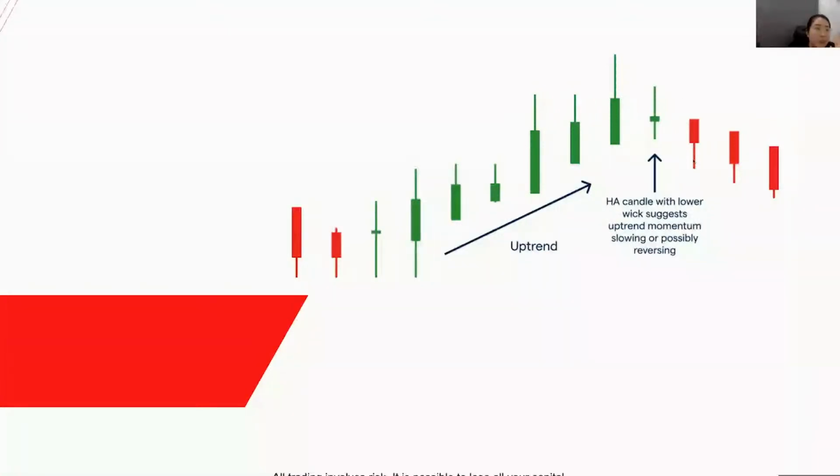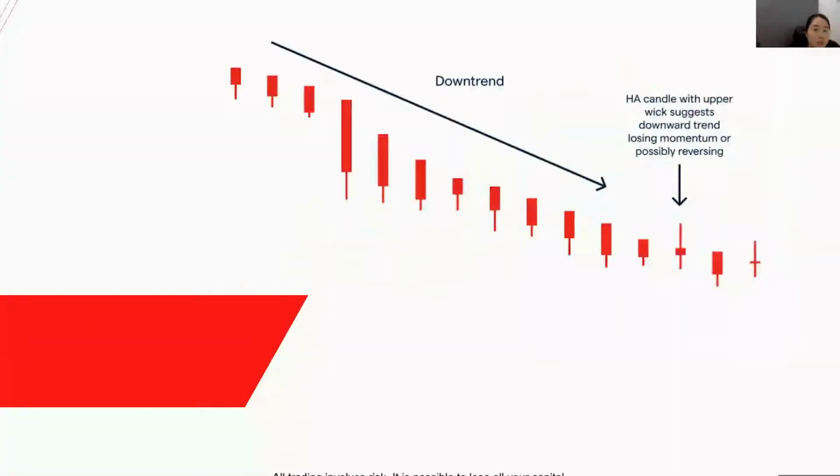Number two, the wick appears on the bottom of the candle, confirming that the bullish momentum has ended and now the bearish trend may have started. This is exactly how you use the Heiken Ashi in terms of playing the trend. I really love the Heiken Ashi, honestly. It's very, very useful. So let's move on.